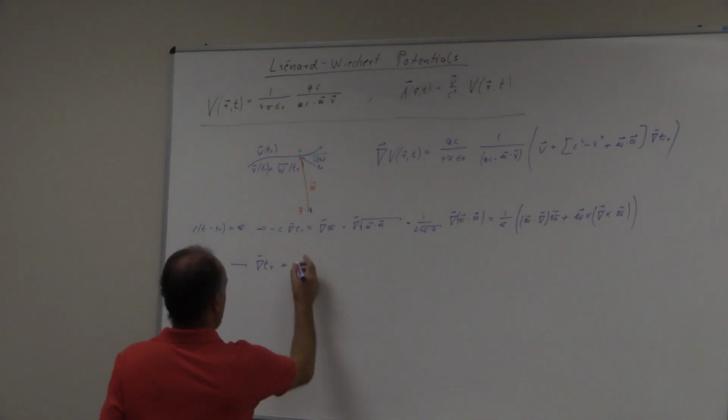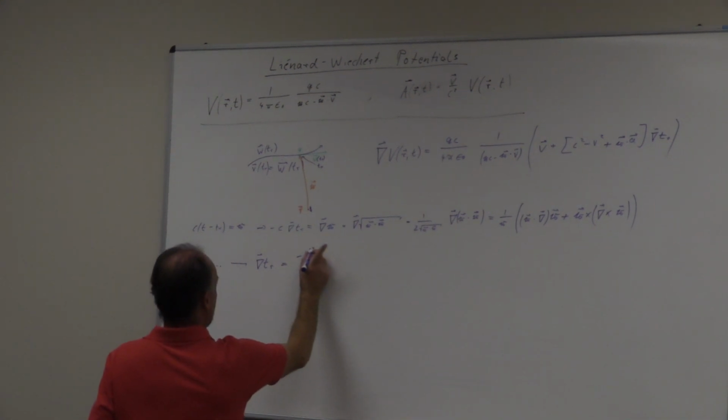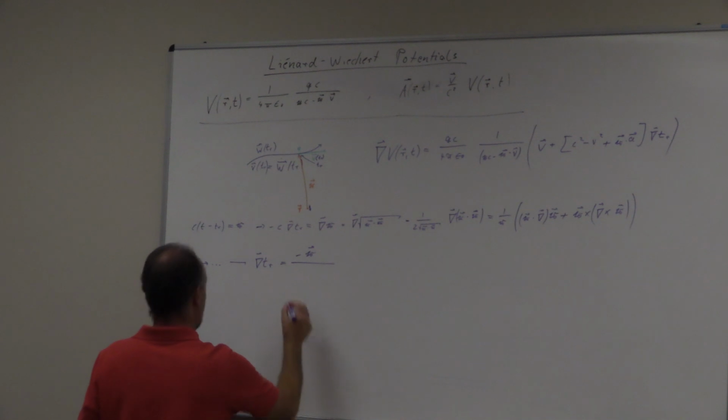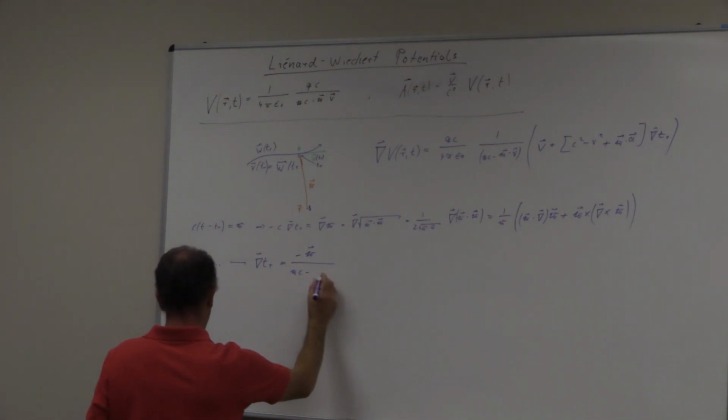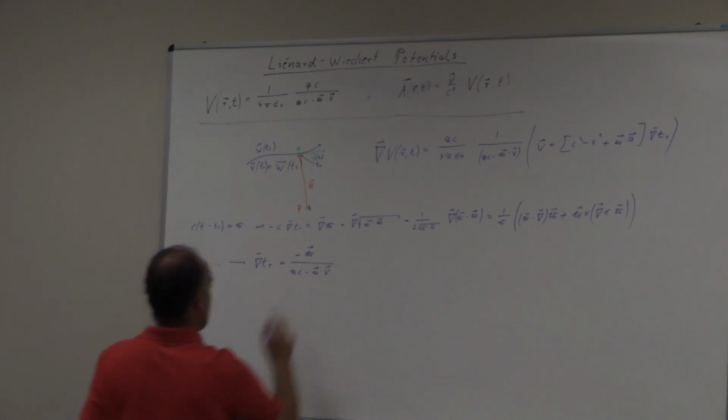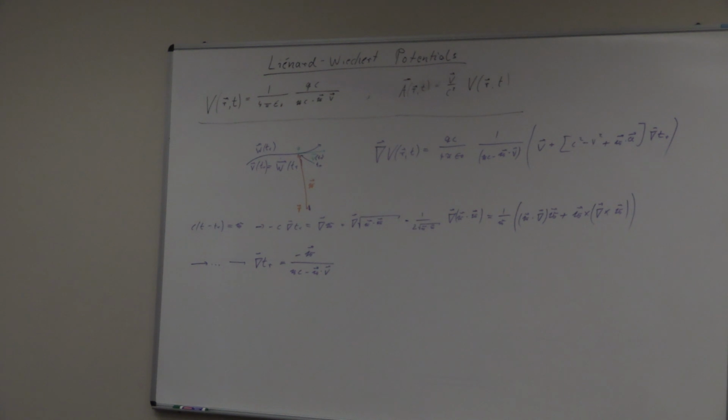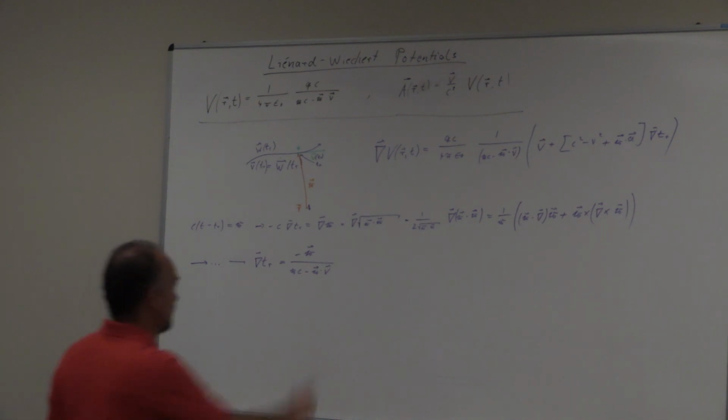What you'll find is that it's minus R over RC minus... please take the time to go through the steps in the book. I think that's more instructive than me trying to figure it all out. Right, that's that.